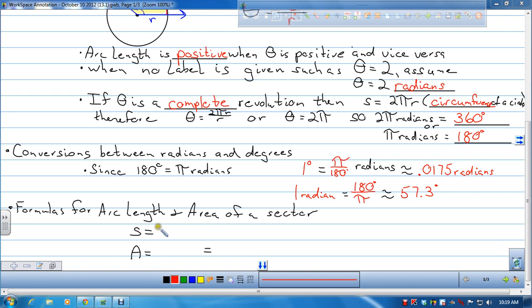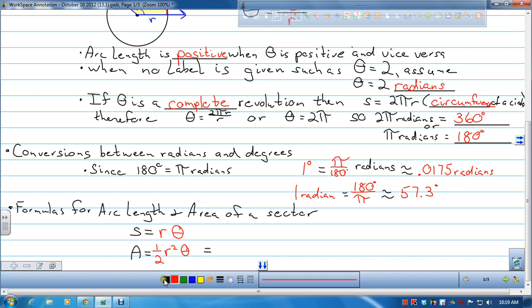That arc is equal to the radius times the measure in radians. Now note, this is not a degree measure. This is a measure in radians of that angle. The area will be equal to 1/2 times r squared theta.